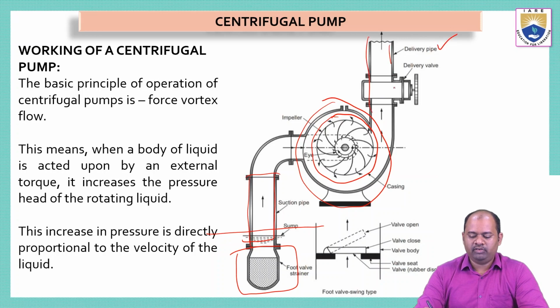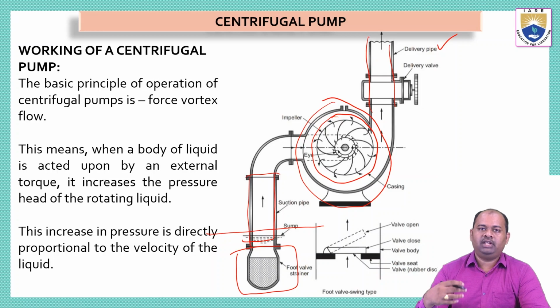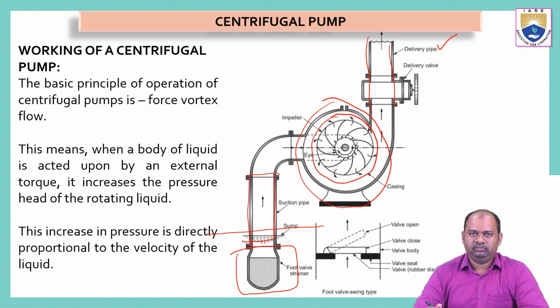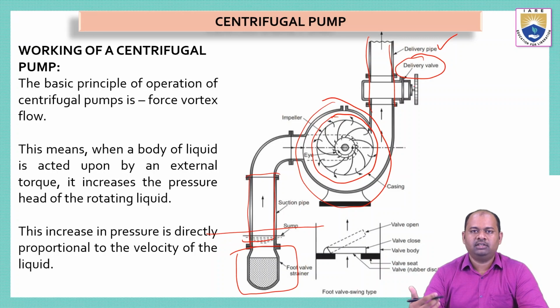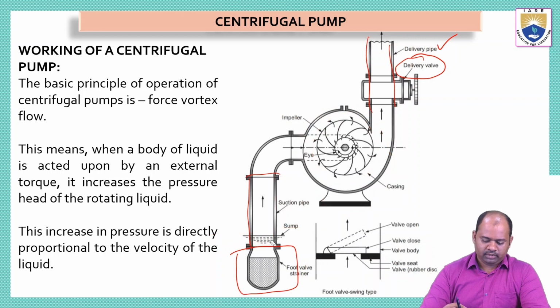Okay, this pipe is called delivery pipe, through which the water will come out at high velocity and high pressure. Okay, so with this we can pump the water. So here we have a delivery valve also, where we can operate this valve and we can get a large amount of water. So depending on the necessity, we can change the delivery of the water by operating this delivery valve. Simple.